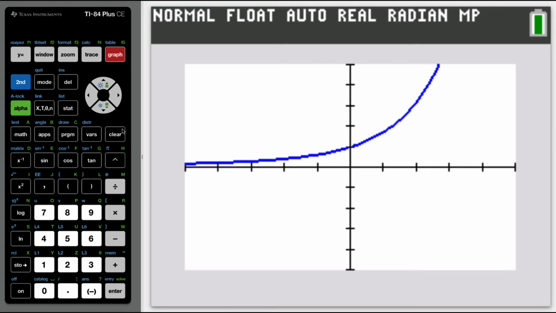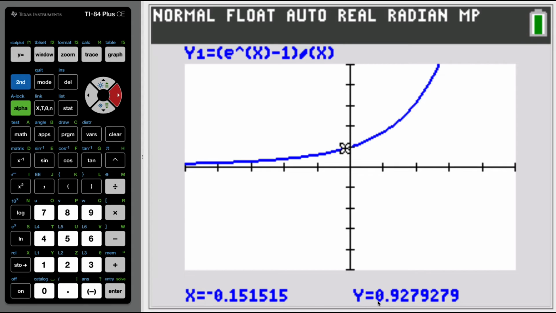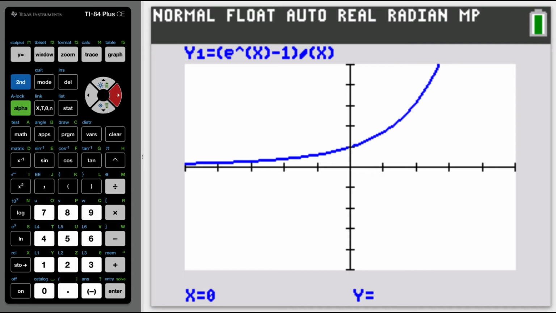If we graph this out, we're looking at what's happening as we approach 0, from the left side and from the right side. If I trace on the left-hand side as I get closer and closer to that x value of 0, I can see that my y values are getting closer to 1. At 0, it doesn't actually exist because we would have 0 on the bottom of that fraction. But if I also approach from the right-hand side, I can see that those y values are also approaching 1 as we get closer and closer to that x value of 0.